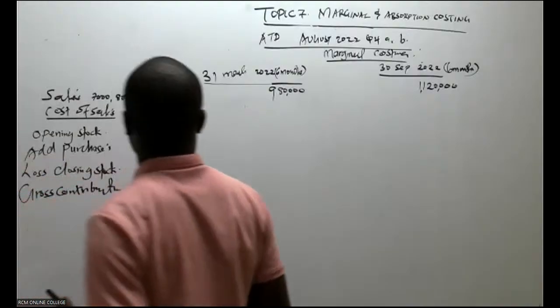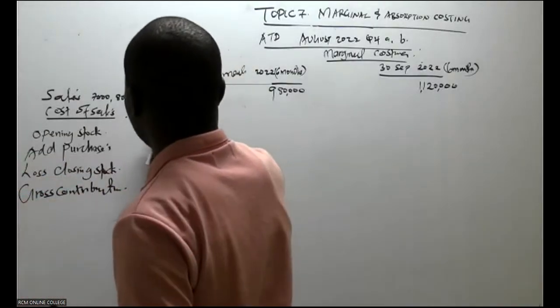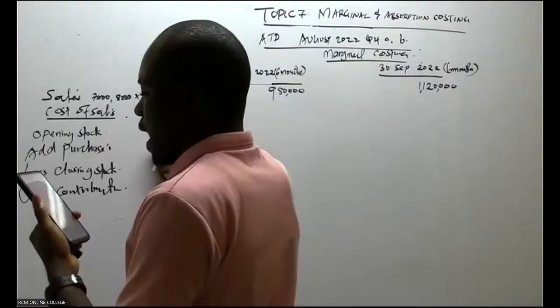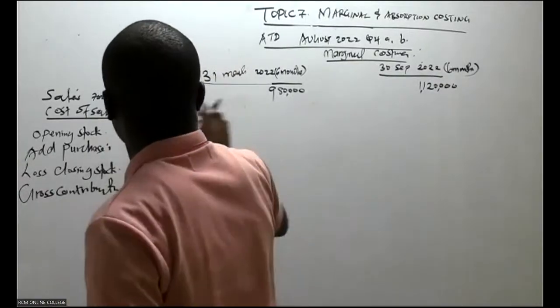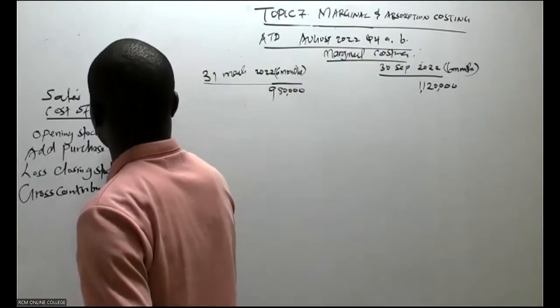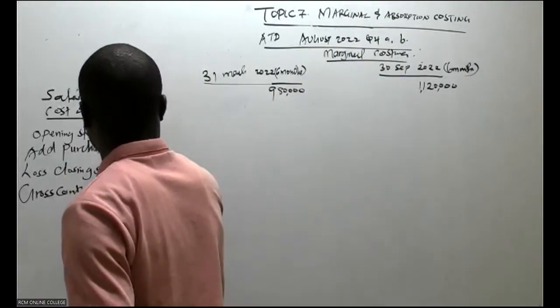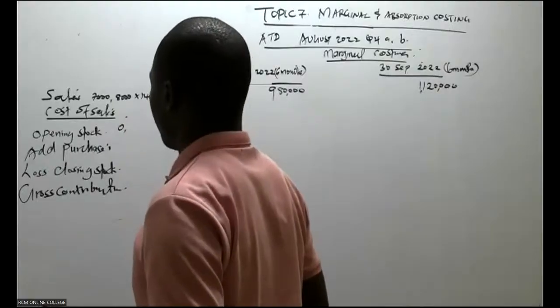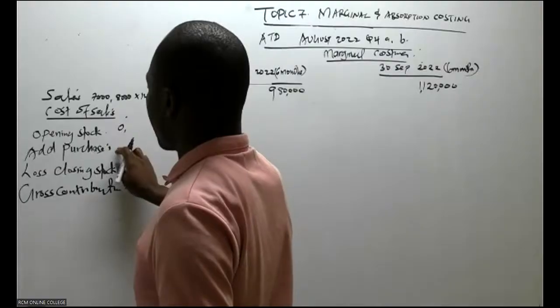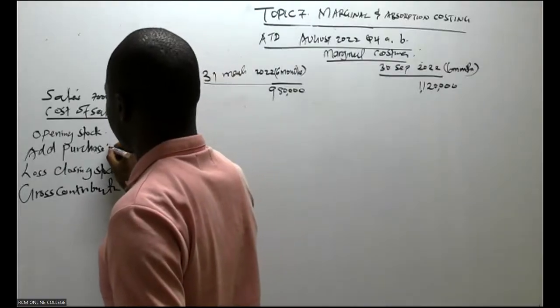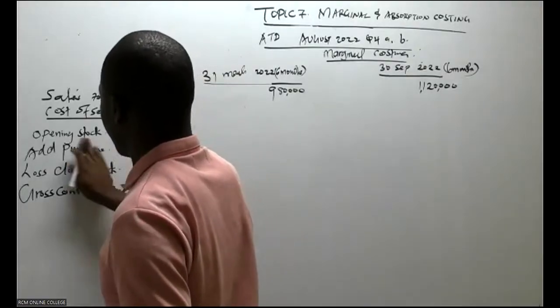So let's now go ahead and get the elements here. Opening stock. Additional information number 3 is telling us that opening stock for the first 6 months is 0. Then, how about production? Not purchases.